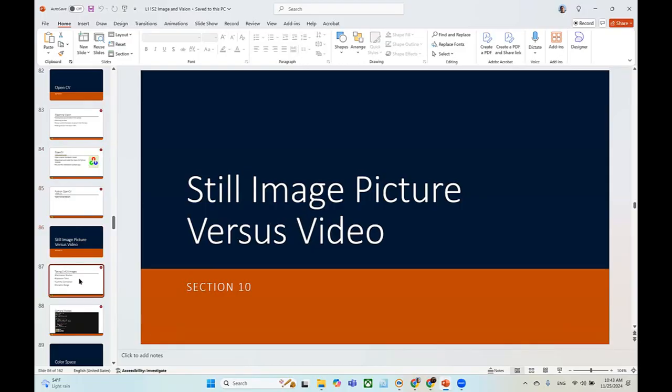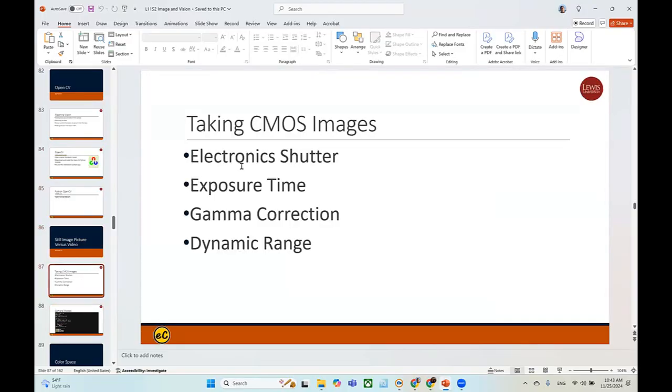And then we demonstrated how to do electronic shuttering using your computer to take a picture. And then what is exposure time? What is gamma correction? And what is dynamic range?